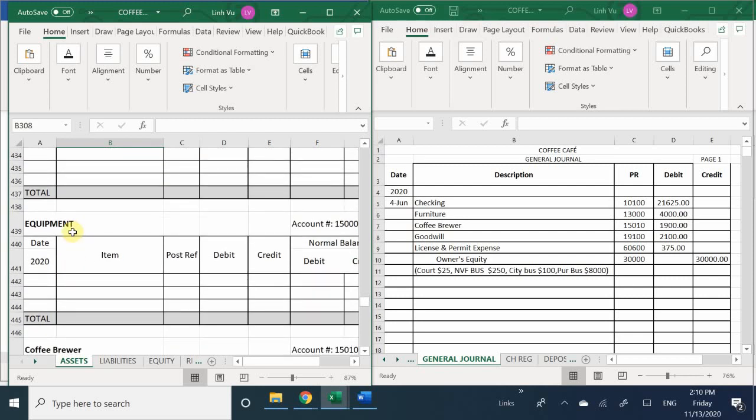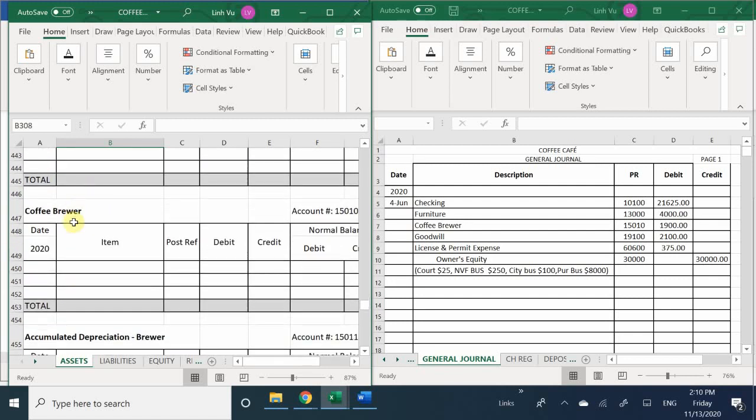Now, there are a few things. Since I didn't journalize it as equipment, this is just the main account, and we'll talk about main accounts when we move into completing our financial statements, because that's what's most important and what you'll be utilizing versus the sub-accounts. But under equipment, here you see the actual breakdown of every single asset.